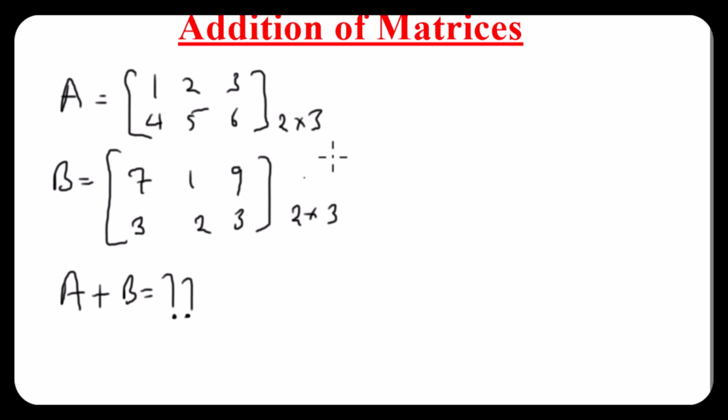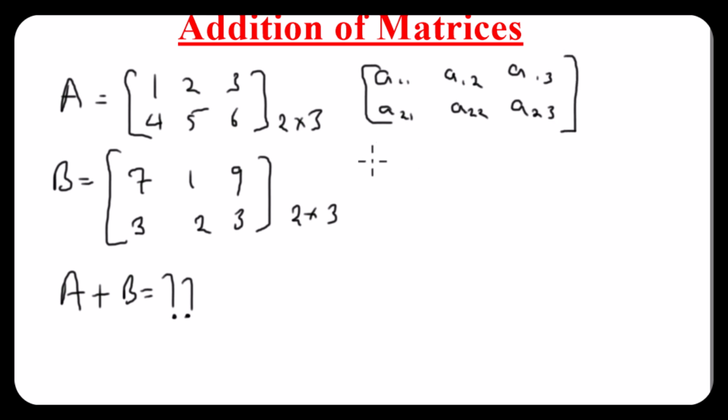Now, when we're adding A plus B, remember we already said something about the unique identifier of each element. For example, if I were to write matrix A according to its unique identifier, I'll be having A11, A12, A13, A21, A22, A23. If I write that of B also, I'll be having B11, B12, B13, B21, B22, B23.